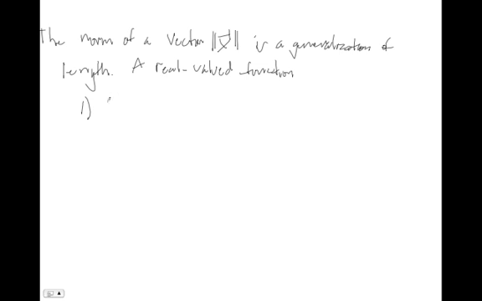So the first criterion is that a norm has to be greater than or equal to 0 always. It's a scalar number that's a positive number for all vectors. And the norm of x equals 0 if and only if the vector itself is 0.